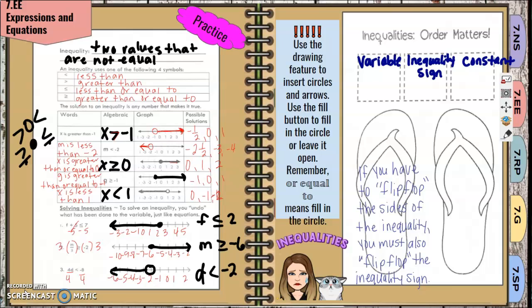All right, so when you are solving these inequalities, so far we've had the variable on the left. Sometimes you might see it where the variable is on the right. But with inequalities, we did this with equations, but the same thing applies to inequalities, but it's even more important now. Order matters. So when you have a solution, the first thing you should see should be your variable.